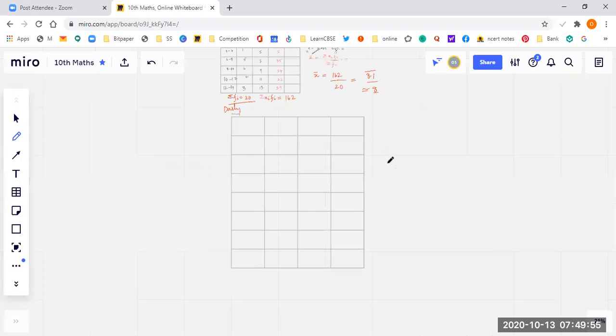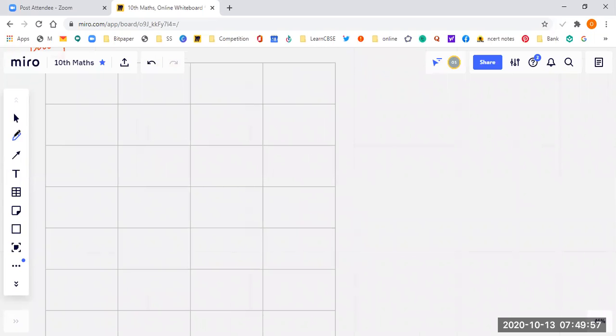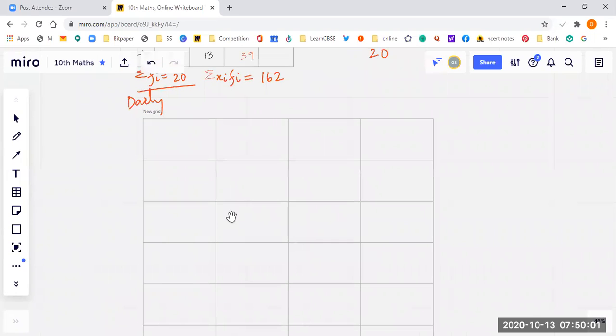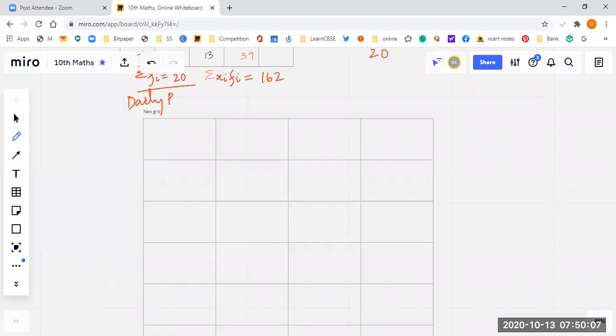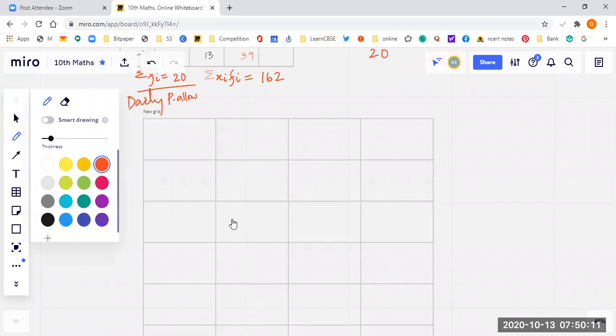I'll increase the size a little bit. This is how much money students get every day from parents to enjoy with their friends.